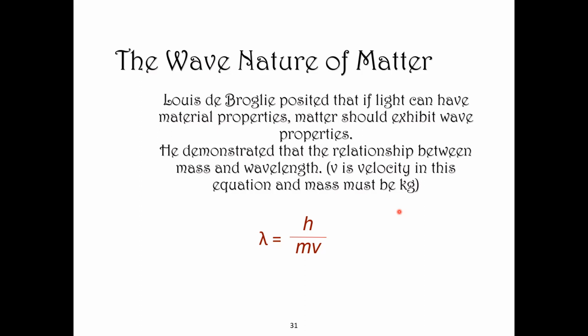So of course, matter is going to behave like a particle. But he also came up with this equation that explains the wave behavior, the wave properties of that matter as well. So the wavelength of any object is going to be equal to Planck's constant over the mass of that object in kilograms times v. And with this one, just to distinguish it, this is going to be v for velocity, not v for the frequency.